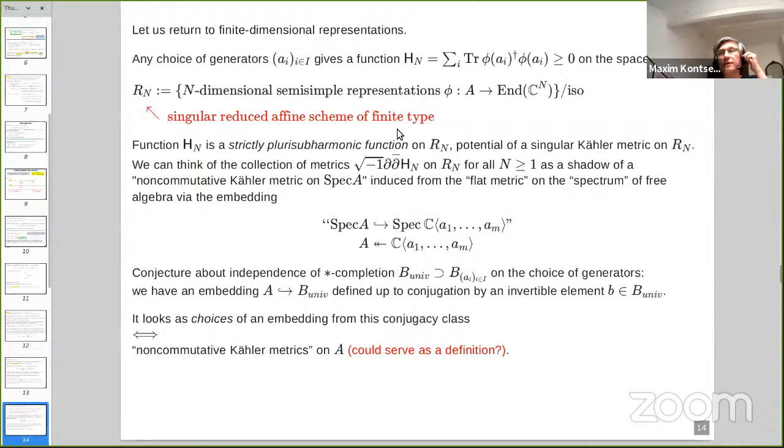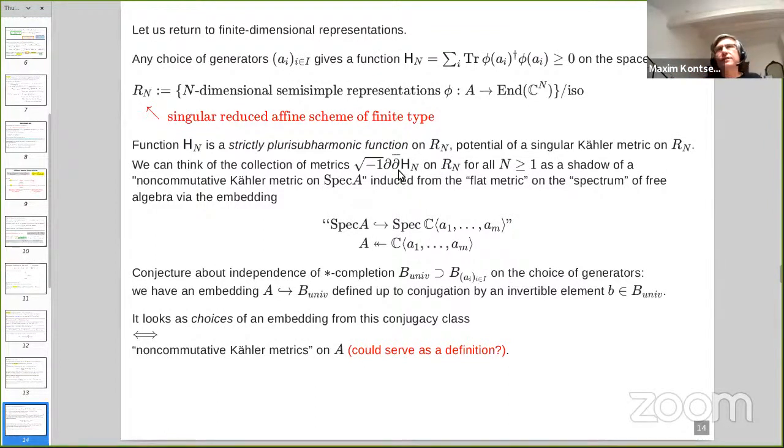And this function will be a strictly plurisubharmonic function. It will be the potential of a singular Kaehler metric. For example, consider the smooth locus of this variety, or any smooth subvariety; it will be the potential of a Kaehler metric on the smooth subvariety. This metric is given by dd bar of H_n.